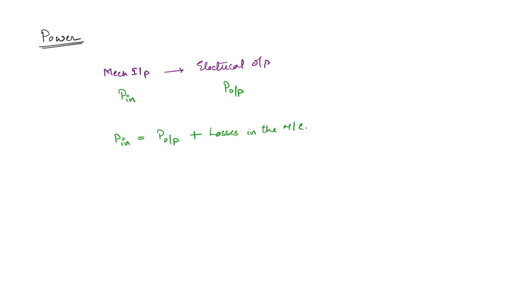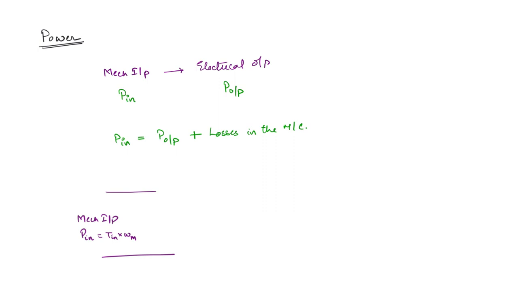So we will see what is the power flow diagram for the synchronous generator. We've already seen a number of power flow diagrams for various machines, so this will remain almost the same. First we will have the mechanical input. The mechanical input P input is equal to the input torque into the mechanical angular rotation of the rotor.